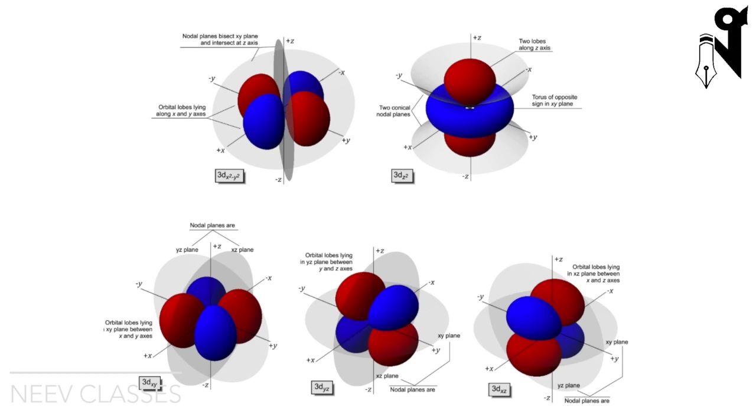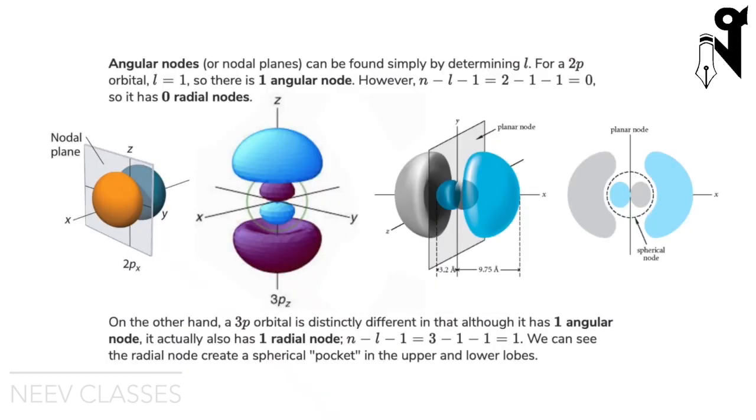Oh, I think I skipped it. I should have done this much earlier so that you would have got a better idea. But anyway, maybe I'll insert it. So what are angular nodes? Angular nodes can be found simply by finding out L, as we have just discussed.